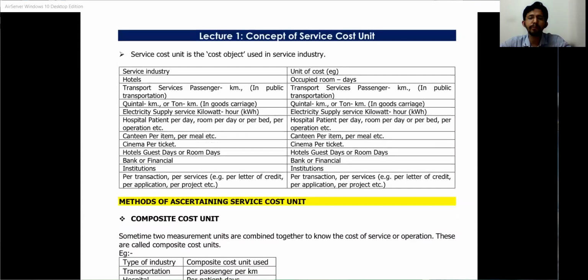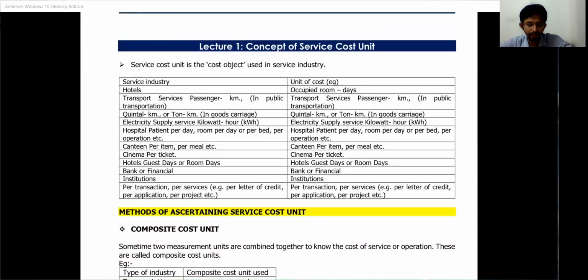The first and foremost topic which we are going to learn, of course this is something which you have already learned in chapter 1, is computation of cost unit. Now you know what is cost unit. We have already learned about the concept of cost object, and every cost object will be expressed in terms of cost unit.